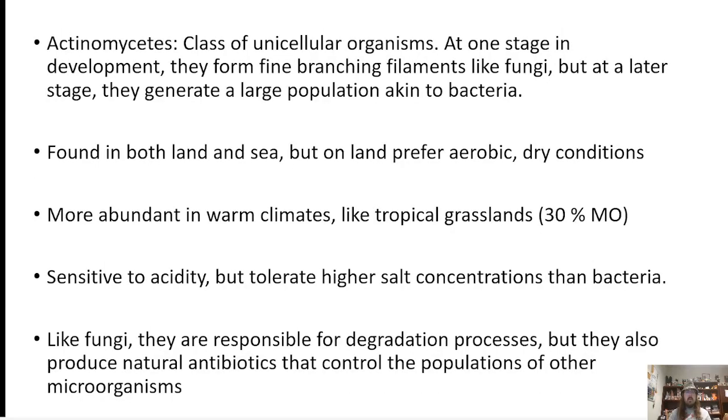Now, this one I was not particularly familiar with, the actinomycetes, which is a type of unicellular organism. They have a multi-stage development where in one stage they form fine branching filaments like fungi, but in a later stage they see a population boom akin to bacteria.